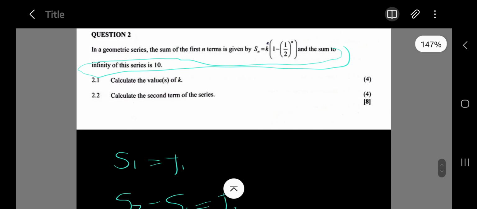The next question wants us to calculate the second term of the series. So now we have the value of k, and yeah, let's push. So the second term of the series. So we know that the second term, term 2, indeed is equal to the sum of the first two terms minus the sum of the first term.